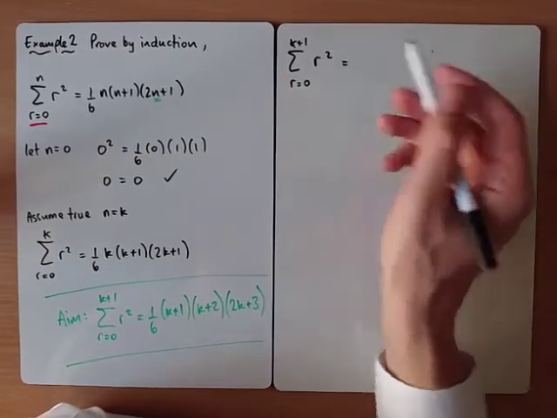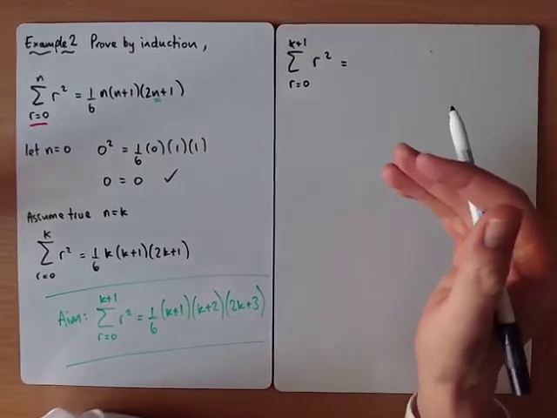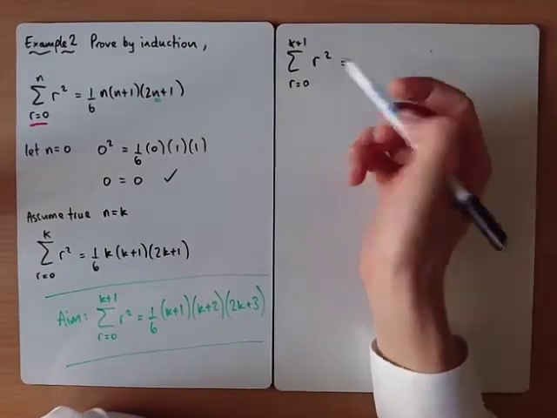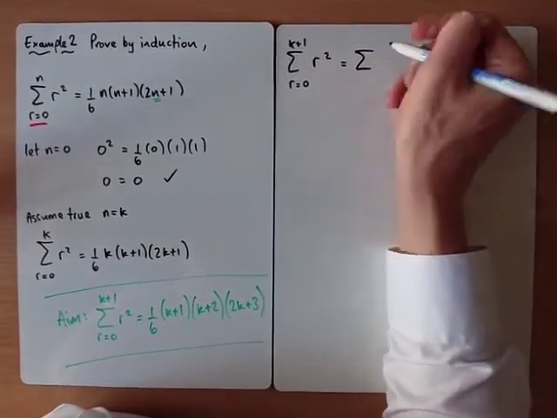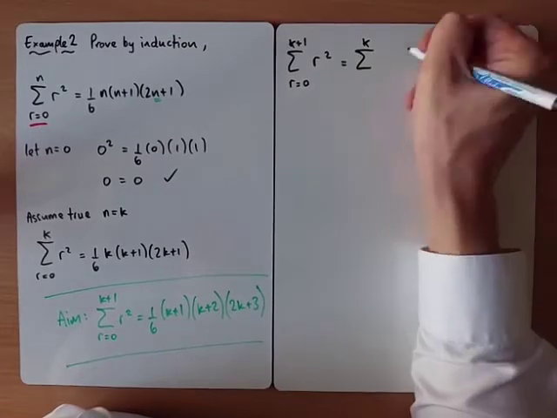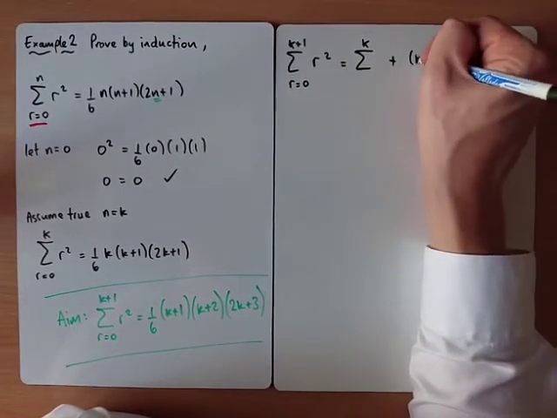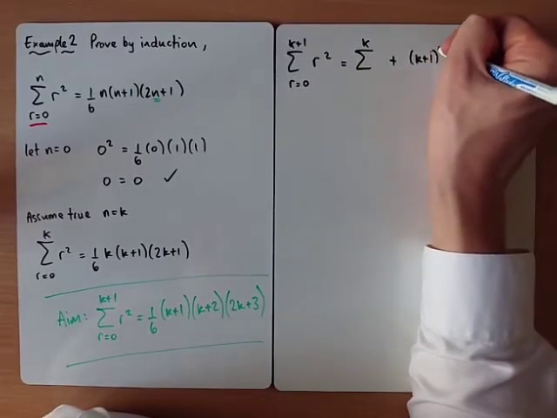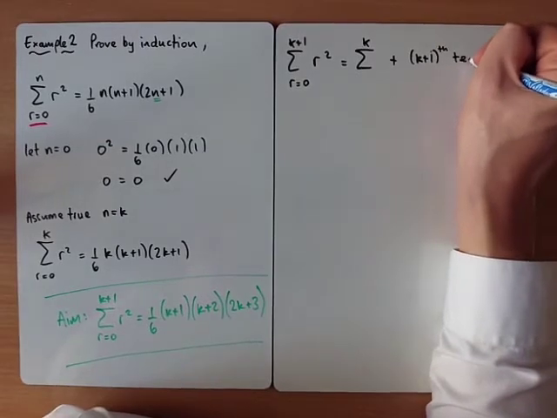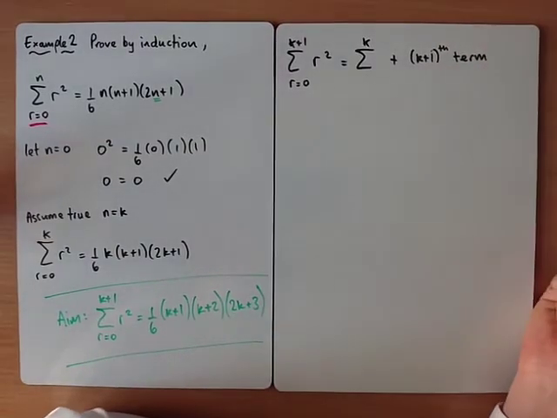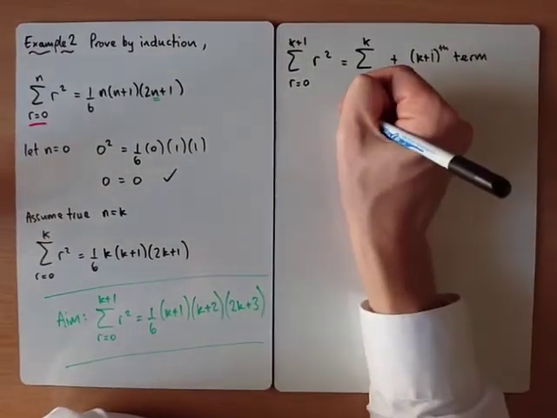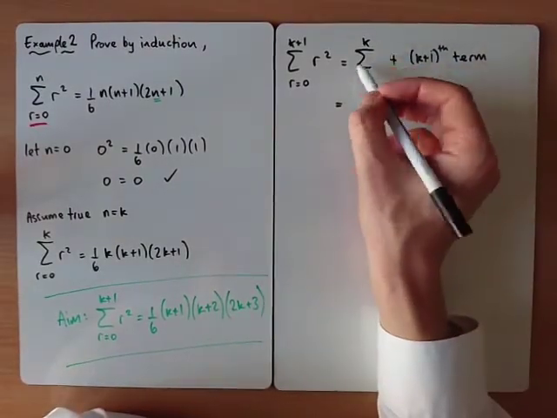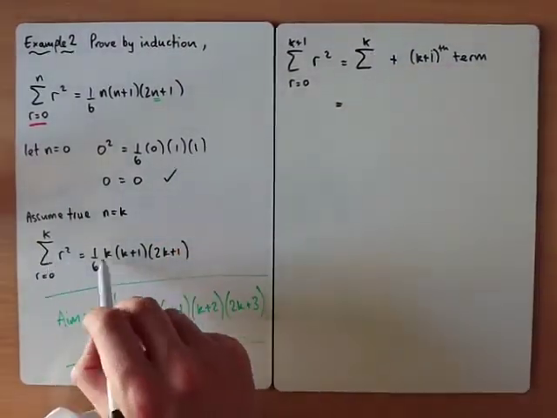Okay. So this is the common theme that happens now. If you're going to prove the result, you're going to say it's the sum of k plus the k plus 1 term. Okay. So what does that look like? Well, we know the sum of the first k terms is going to look like this.